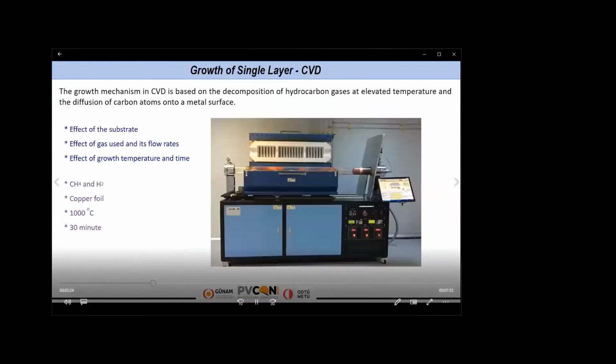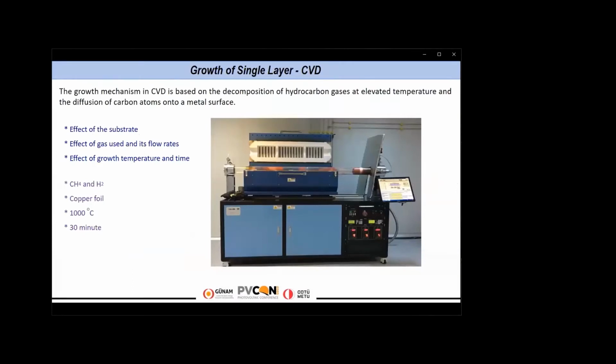There are a few methods for graphene synthesis. CVD provides large-scale and homogeneous graphene synthesis. The growth mechanism in CVD is based on the decomposition of hydrocarbon gases at elevated temperature and the diffusion of carbon atoms onto a metal surface. Many parameters are important for graphene synthesis.